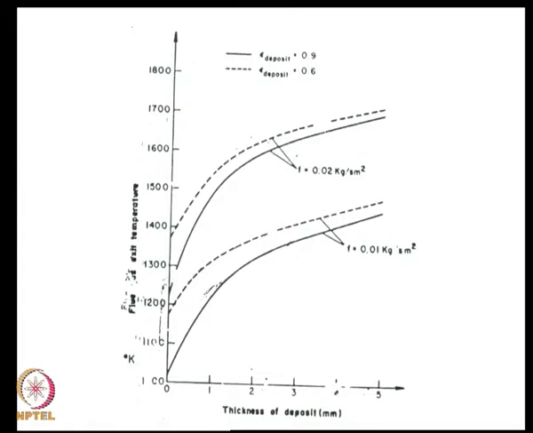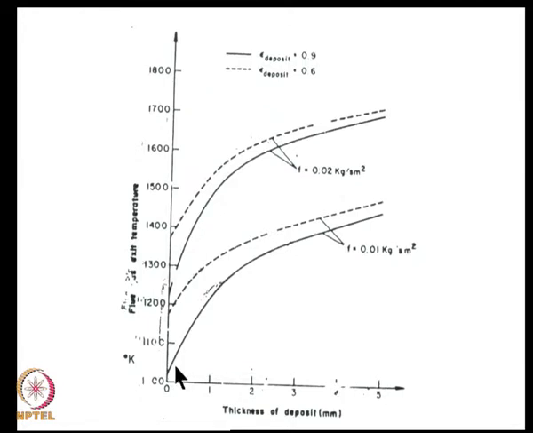So, we have shown how, as the thickness of the ash deposit increases, the temperature of the gas leaving the furnace varies for two different firing rates, 0.02 and 0.01 kg per second per square meter.